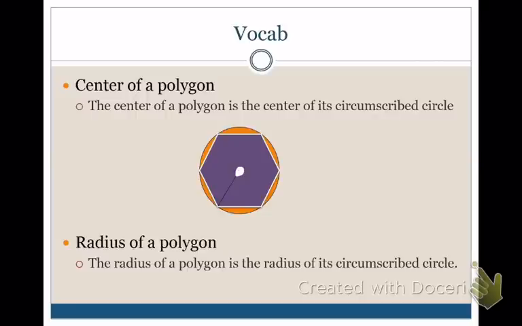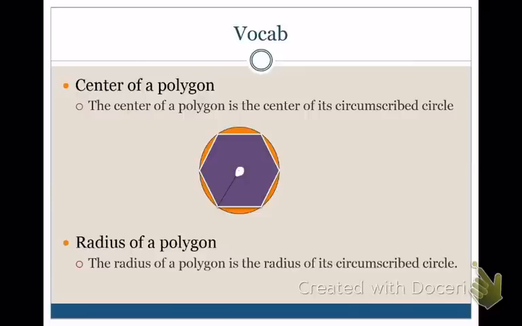We know that circles have radii, or you can draw a radius in a circle. Remember, in order to draw a radius in a circle, it has to go from the center to a point on the circle. Now, we can draw a radius in an infinite number of different ways in a circle, and to an infinite number of points on a circle.